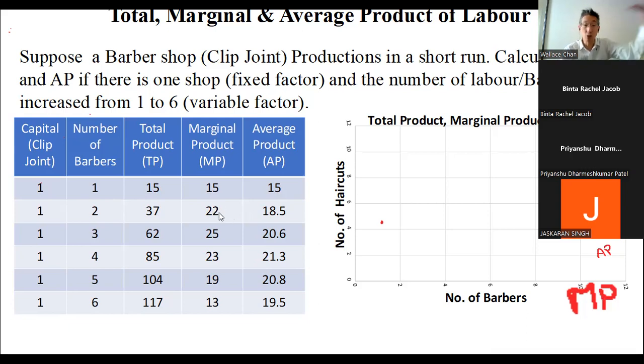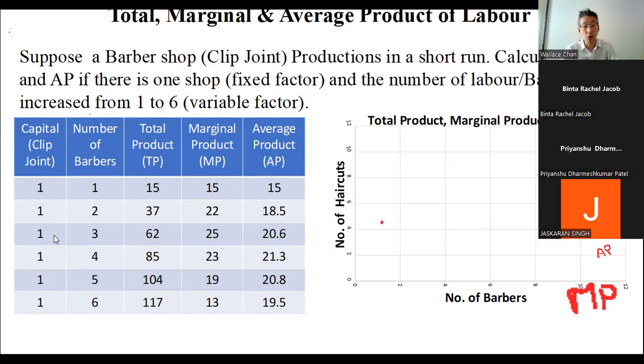The marginal product of the second barber is 22. So that's why the total product is 37. So the average product is the average between 15 and 37, which is 18.5.